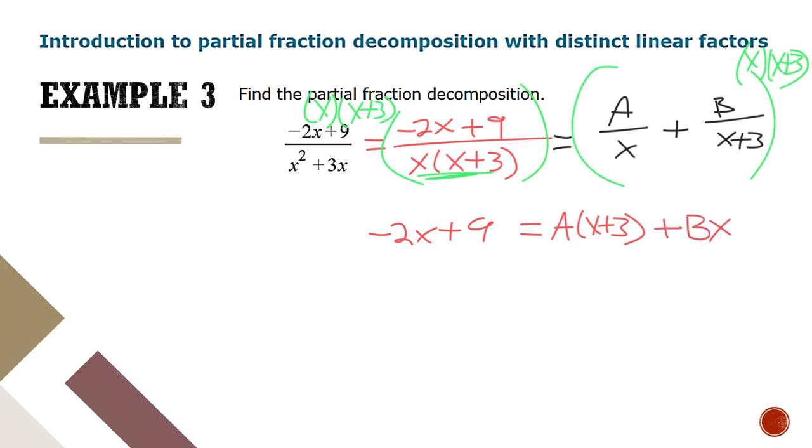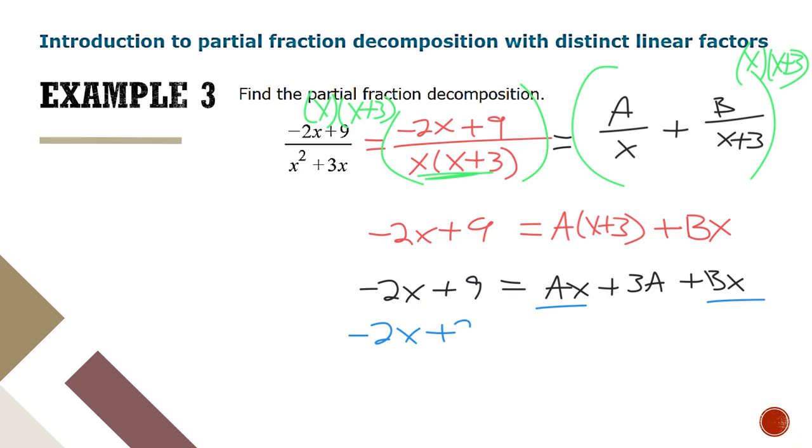Now we will simplify this. Negative 2x plus 9 is equal to ax plus 3a plus bx. Again, combine the like terms. So we have negative 2x plus 9 is equal to a plus b times the x value plus 3a. Now again, whatever's in front of x is going to equal itself, and whatever the constant is equal to that.